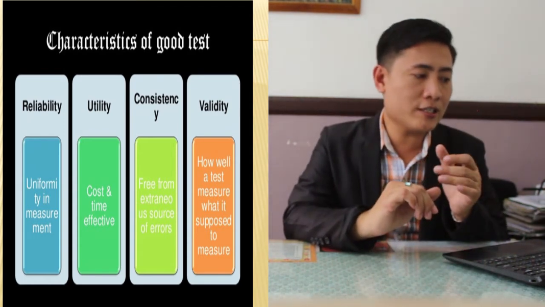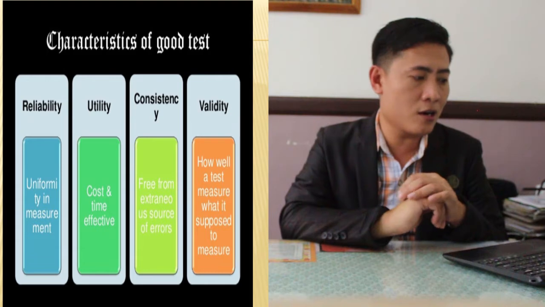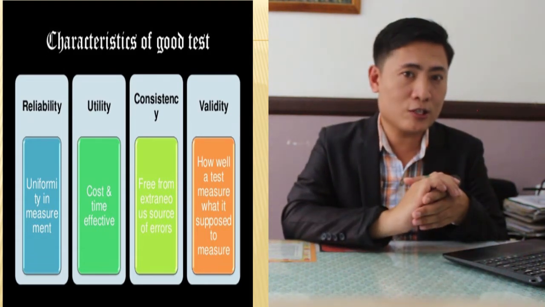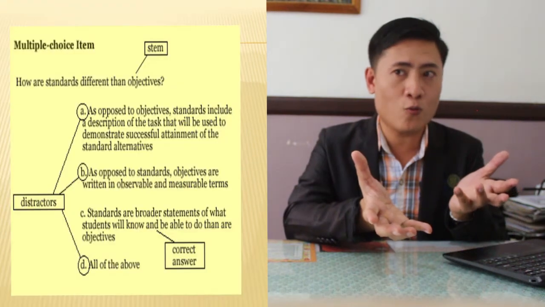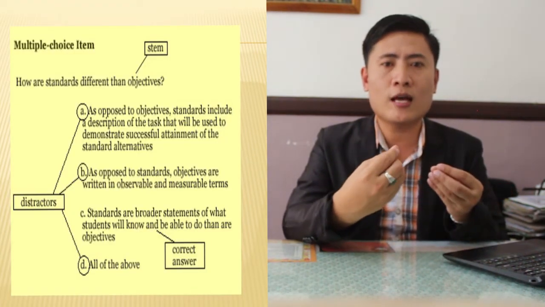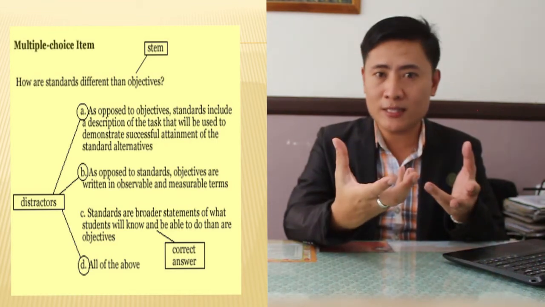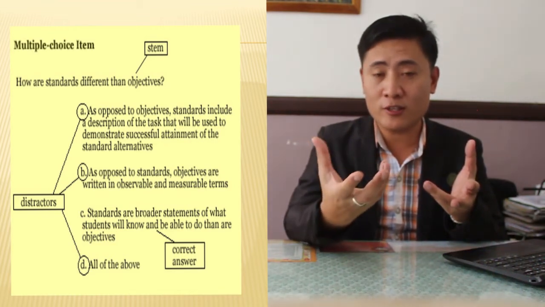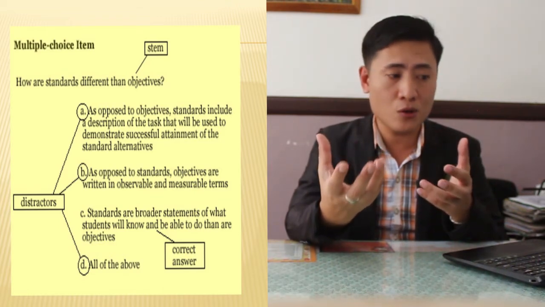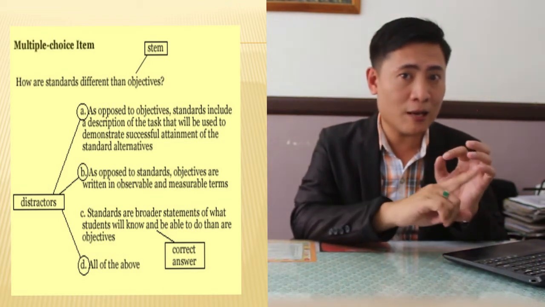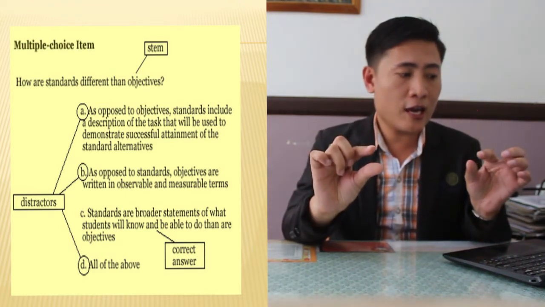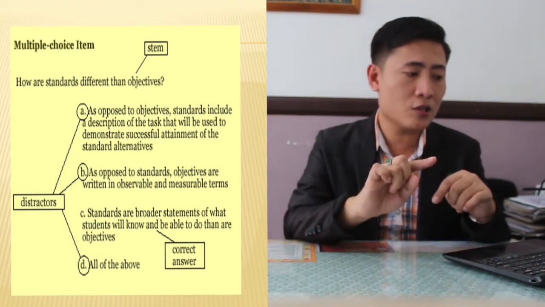Alright, so as an example, we have here a multiple choice type of test. When we use multiple choice, for example, you want to know the competence or the achievement of the students. So a multiple choice type of test is being used. These are just the basic parts. We have the stem, which is the research question itself. And then there are options.